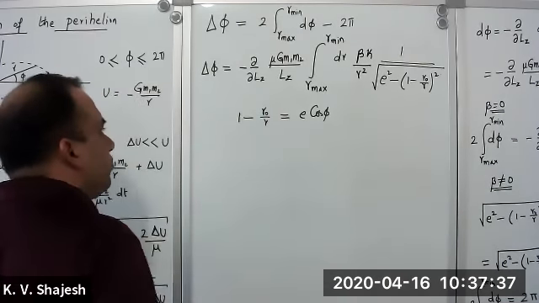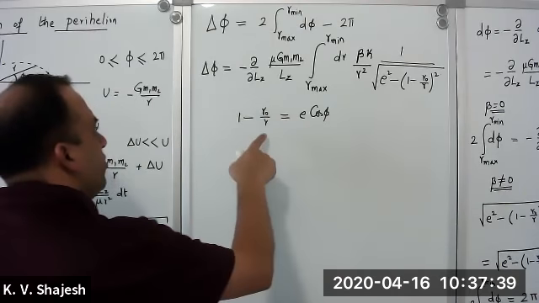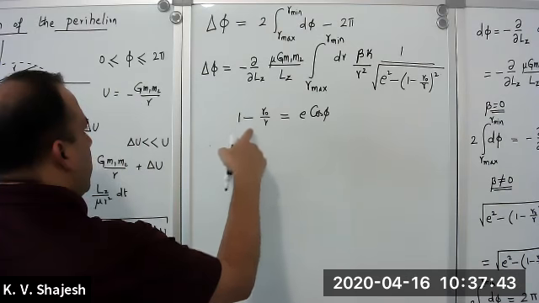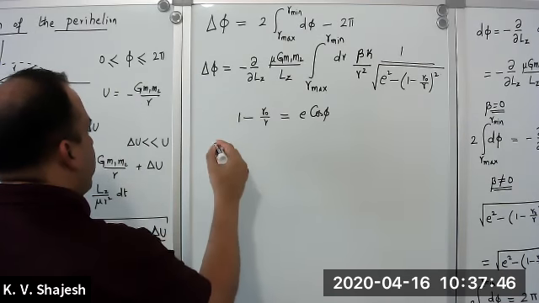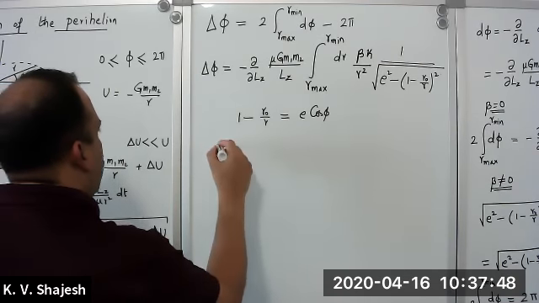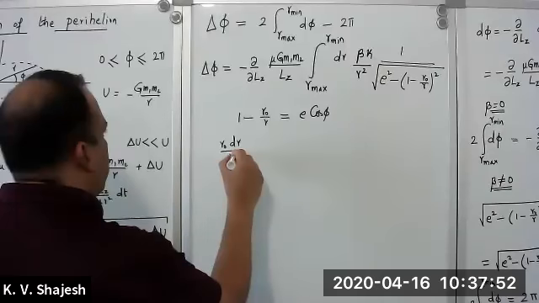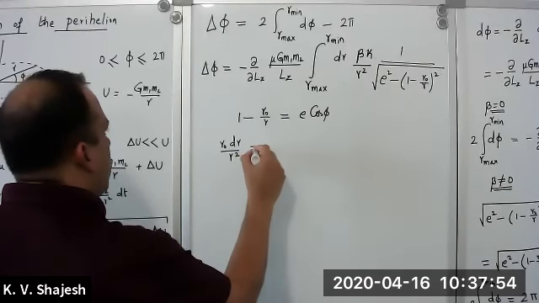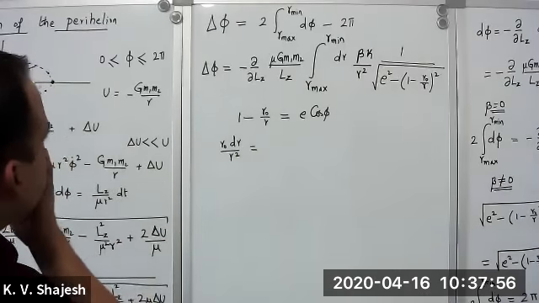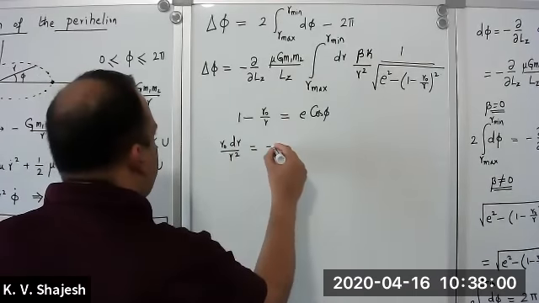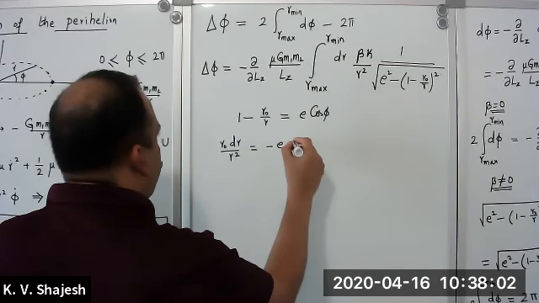So if I were to integrate this, r naught dr over r squared is equal to minus e sine phi d phi.